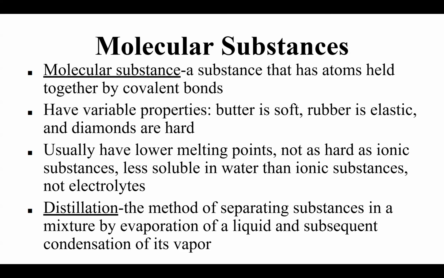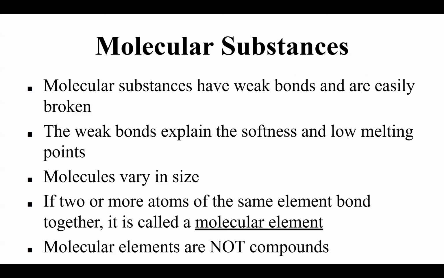We mentioned this our first week when we talked about distillation. Now, molecular substances have weak bonds and they're easily broken. And that weak bond explains the softness and low melting points.